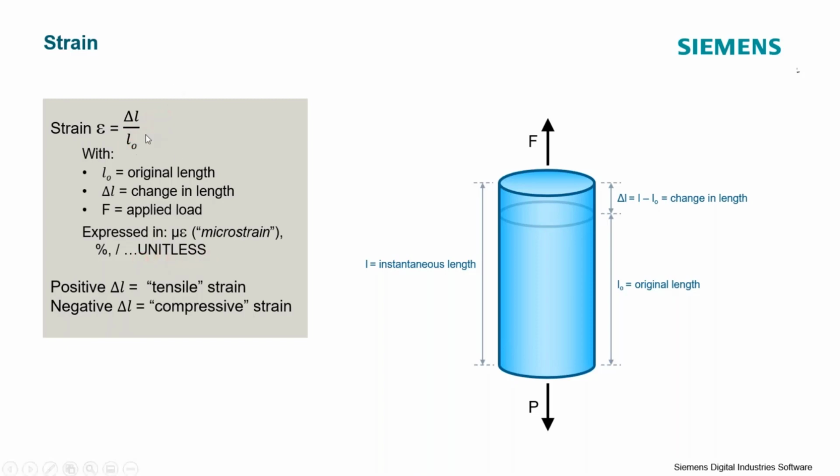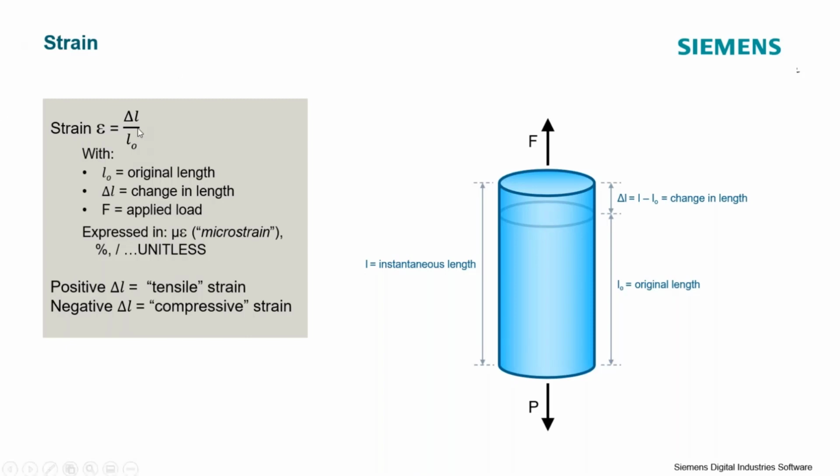Any quantity of length, like meters over meters, that we get here, they cancel each other out. We often express strain in a unit, just to make things more confusing, which we call microstrain. So this is not a real unit. Always remember that strain is unitless, but we often attach the word microstrain to a strain quantity, and we take our actual strain value and multiply that by 10 to the -6, because strain quantities, this change in length over length, is usually extremely small, especially for metallic materials.